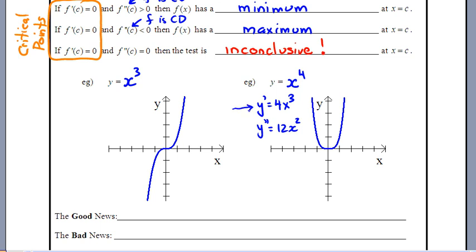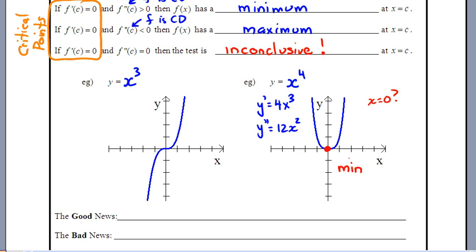Any places where that first derivative is broken or equal to 0? And the answer is yes. There is one critical point, and it's when x is equal to 0. So you've got a contender here. It might be a maximum or it might be a minimum. If you try the second derivative test and check what the second derivative is doing at x equals 0, the second derivative is also 0, and you don't know anything. And it turns out that this is a perfectly beautiful minimum.